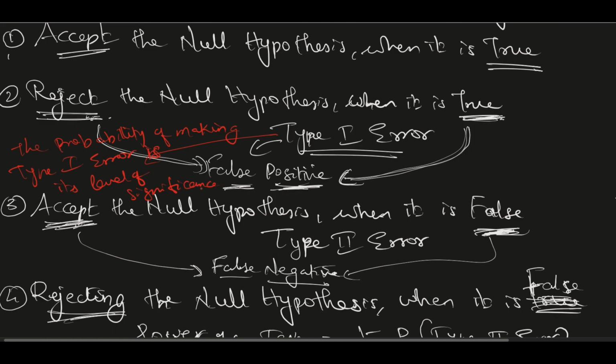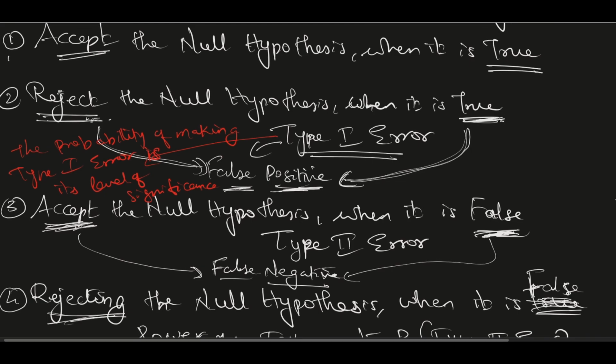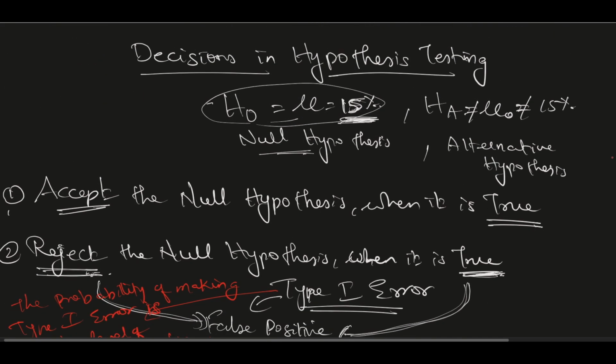That means if you say 5% is the level of significance, there is a 5% probability that type 1 error will happen. All right, so this is a short summary about the decisions in hypothesis testing.